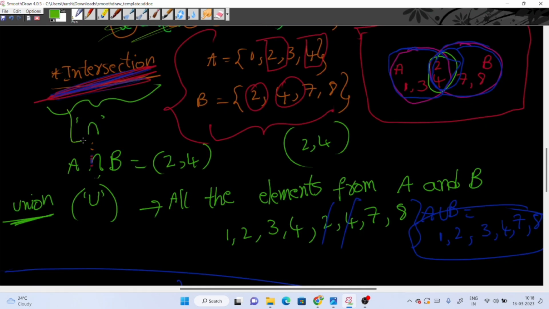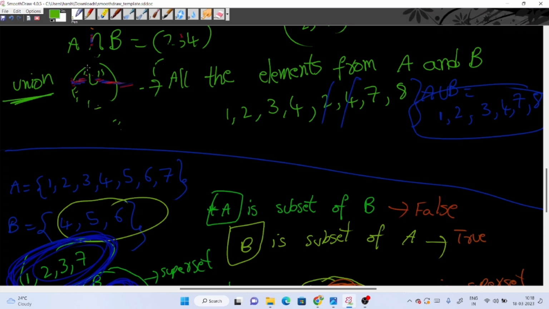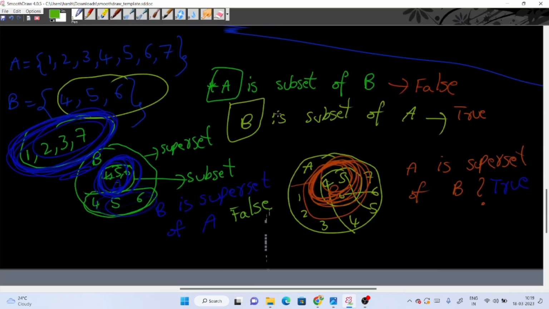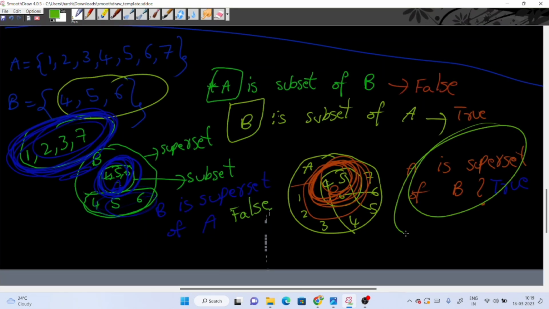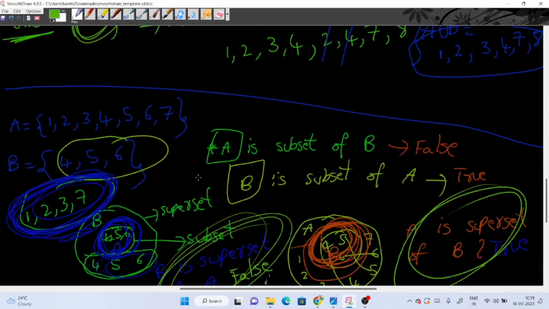We will use this symbol for intersection, and intersection is nothing but the common points between A and B. We have also discussed union, which is nothing but the distinct elements combined from A and B, and then we have seen what a subset is, whether A is a subset of B or not, or whether B is a subset of A or not, and also whether A is a superset of B or not, or whether B is a superset of A or not. So this is all about sets, and this is the end of the video.